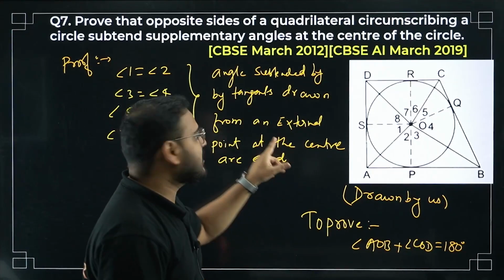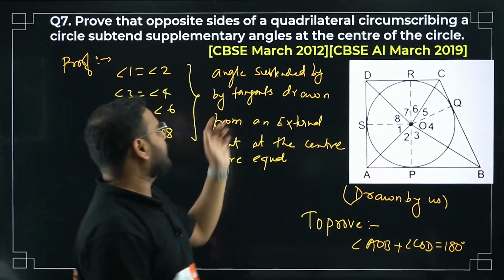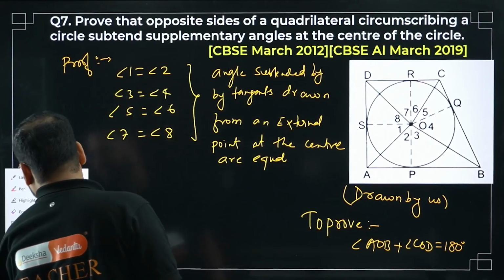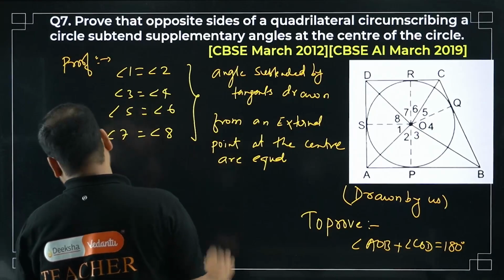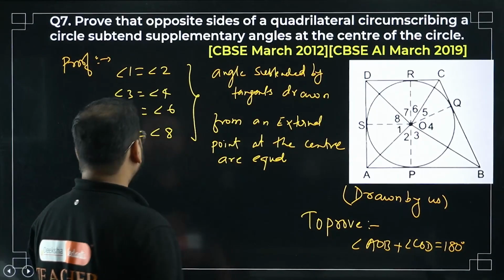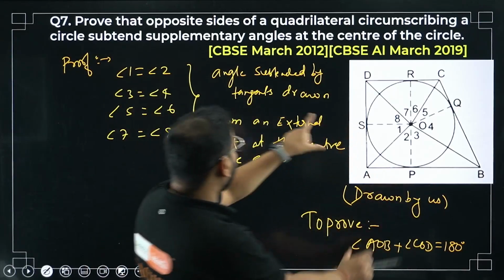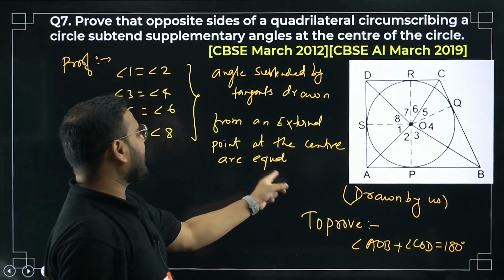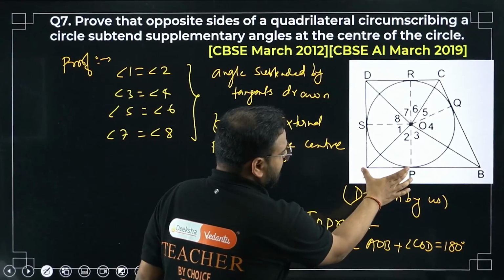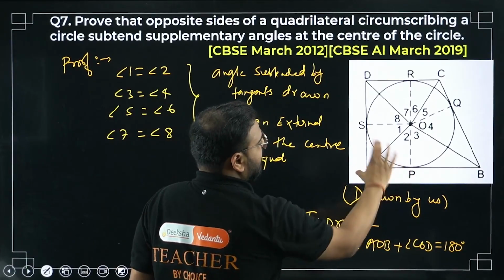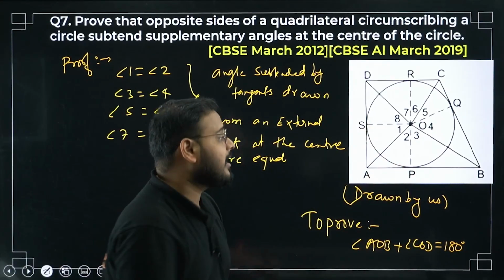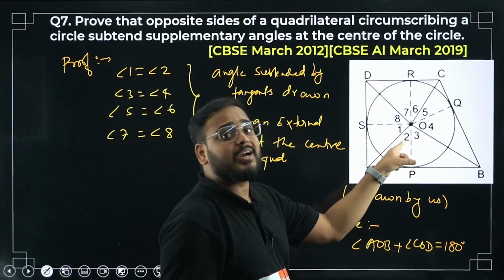I'm using angle subtended by, and I've written it twice, so I'll remove the repetition. Let me read it again: angle subtended by tangents drawn from an external point at the center are equal. AP and AS are the tangents drawn from external point A, so angle 1 equals angle 2.